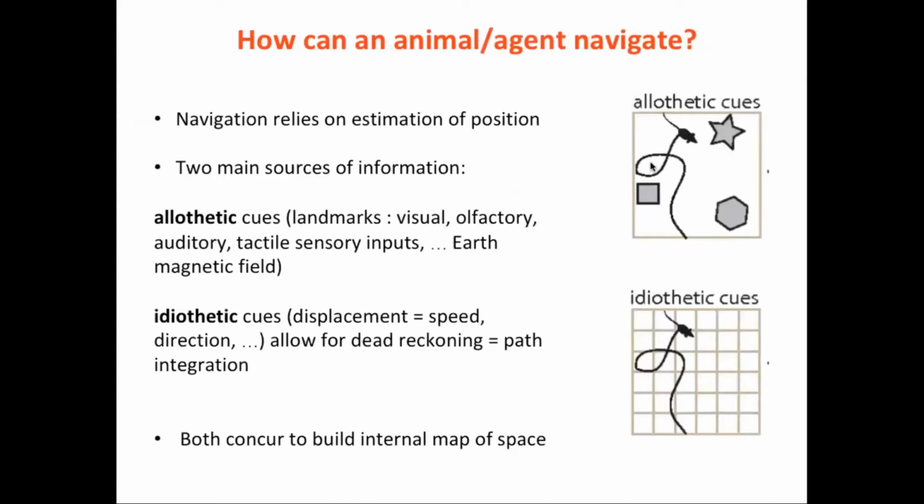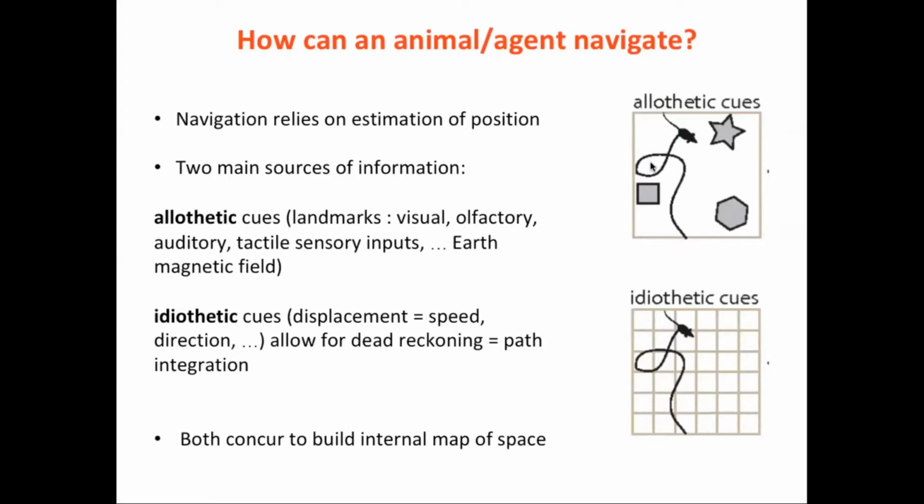So in fact, what is the necessary information for an animal to navigate? Navigation essentially relies on the capability to estimate position. And there are two main sources of information used for this purpose. One is called allothetic cues, which may be landmarks, like visual scenes, olfactory, auditory, tactile sensory inputs, or the Earth's magnetic field.